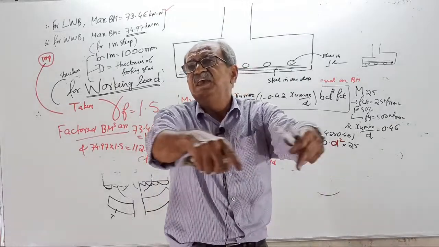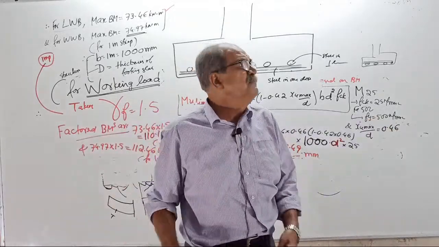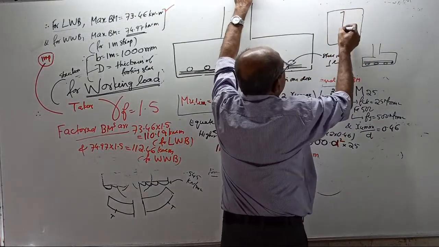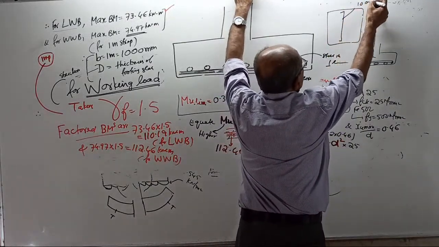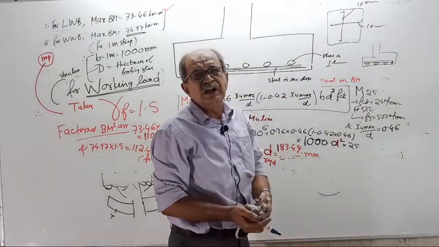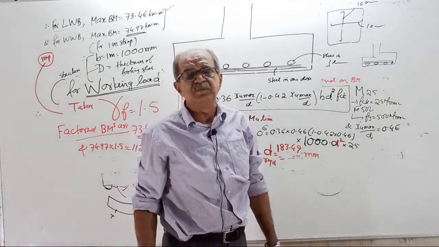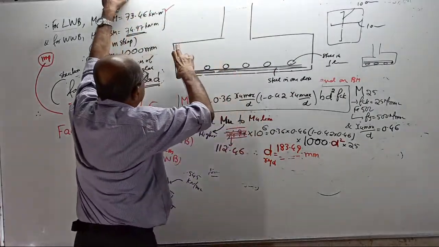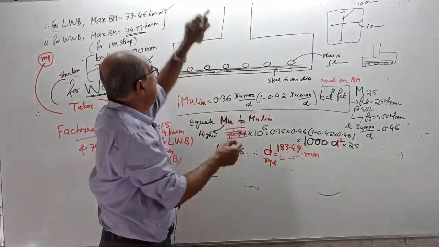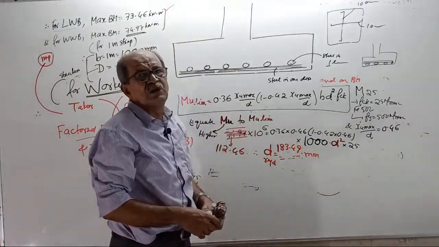For this equal projection type, they will simply give drawing like this way. 10 tor at so and so. They will not specify which one first, which one next, because when you consider the depth of around 400, 500, 600, the small mm does not matter.